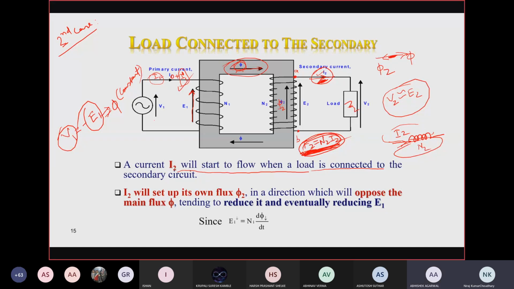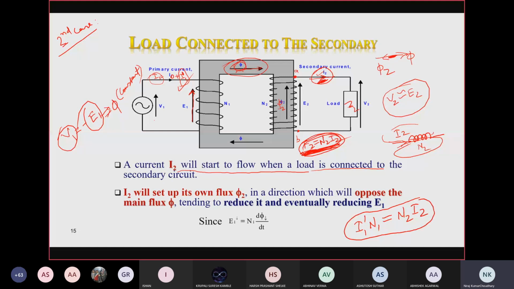So the function of this I1 dash is to just neutralize the effect of I2, and this can happen only if I1 dash N1, that is the MMF of the primary side, is equal to MMF of the secondary side. So if this effect is neutralized, only then your total flux in the core will remain constant, right?